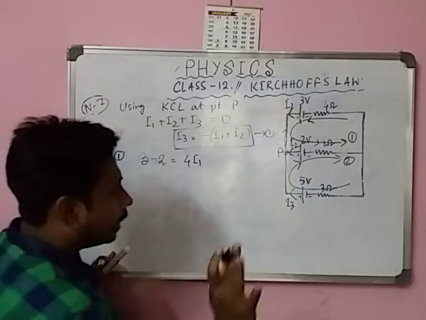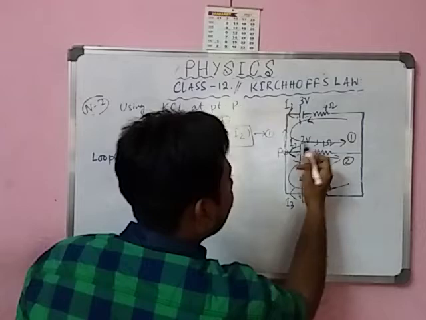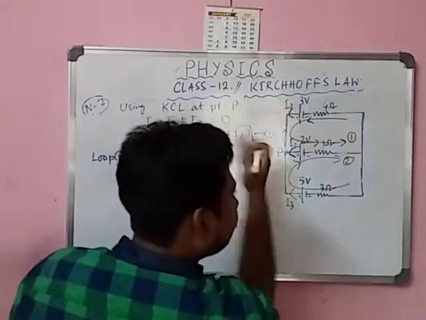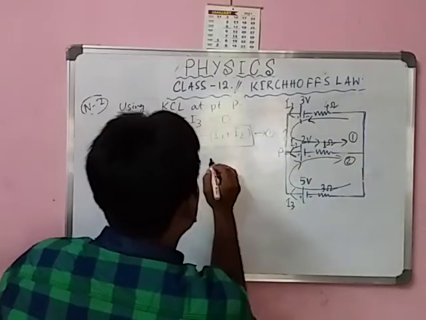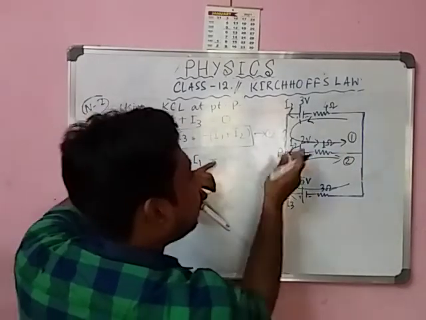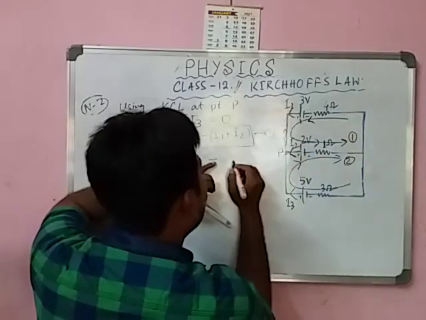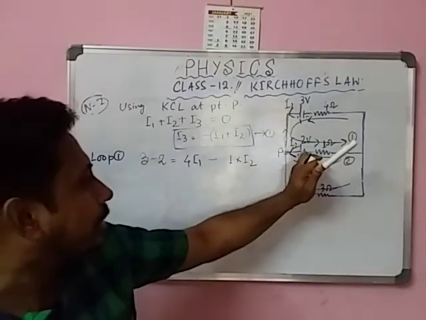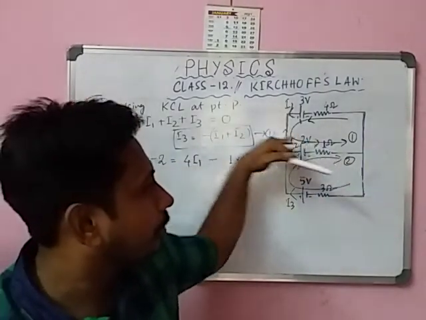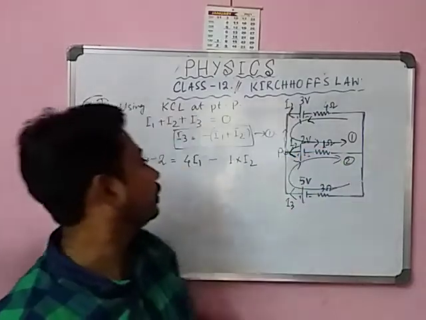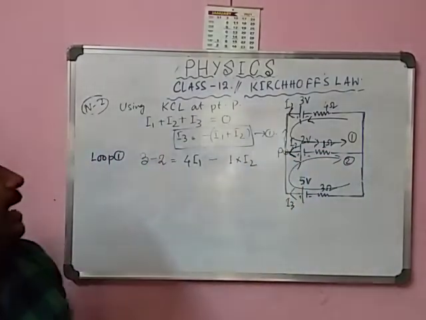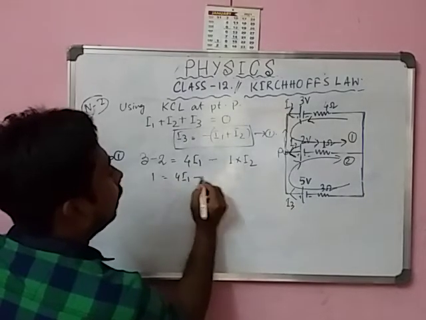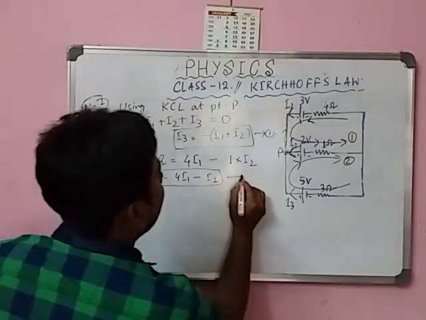Now for I2, the current is left and my direction is right, so it is minus: 1 into I2, because I2 current is in this direction and my direction is given right. So from this we get 4 I1 minus I2. So this is equation number 2.